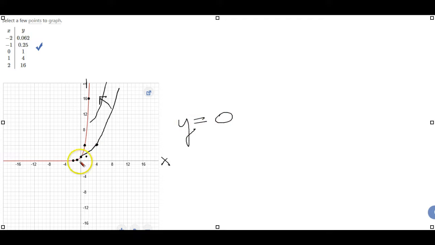So when y is 0, that is the x-axis. And that happens to be the abscissa of this particular graph. Okay, again, we just have to recognize it, and I may be giving you too much material.